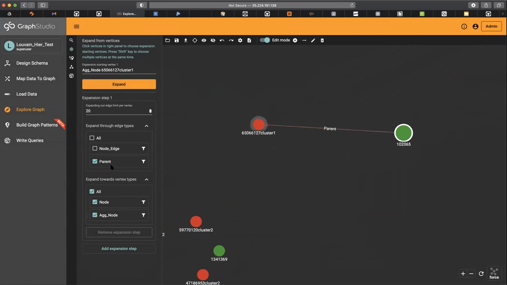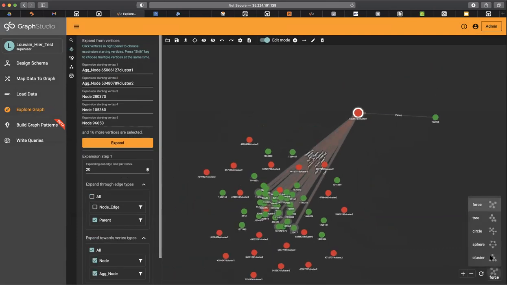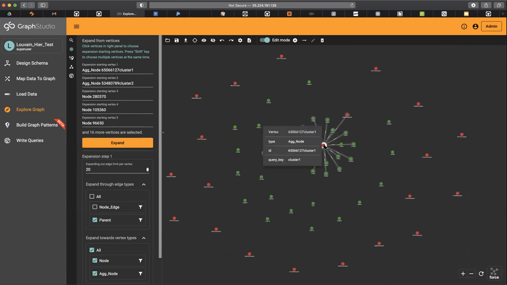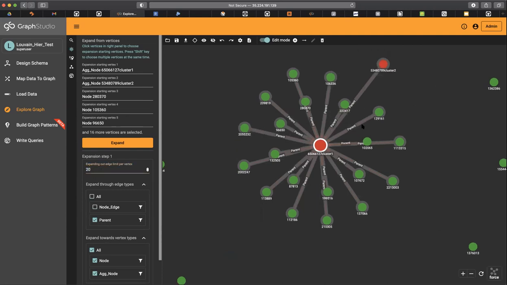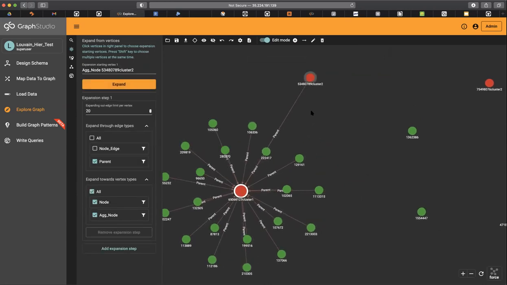We can take this vertex. We can expand its parent. So we can actually see, for this aggregate node here, these were all the nodes that were clustered. And then, well, not all of them. I note that it's only limited to 20 vertices at the moment. But then I also included this parent vertex here.